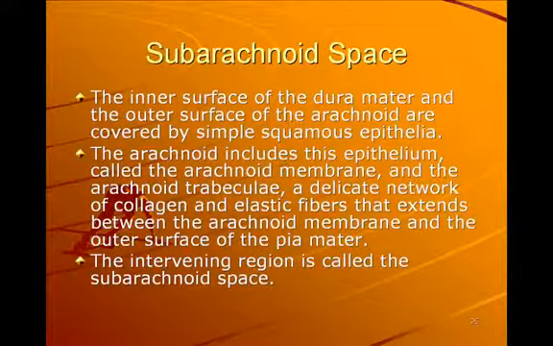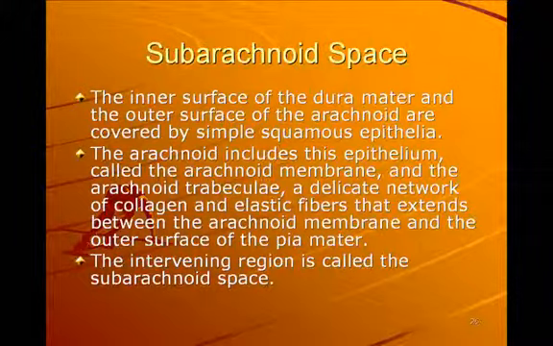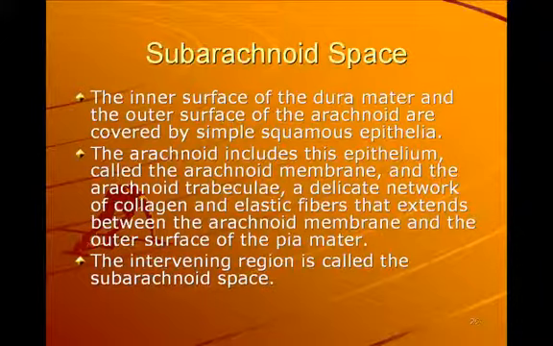Now, the subarachnoid space, the inner surface of the dura mater and the outer surface of the arachnoid, are covered by a simple squamous epithelium. The arachnoid includes epithelium called the arachnoid membrane, the arachnoid trabeculae, which is a delicate collagen and elastic fiber that extends between the arachnoid membrane and the outer surface of the pia mater.